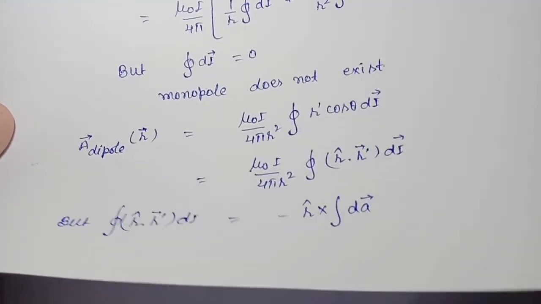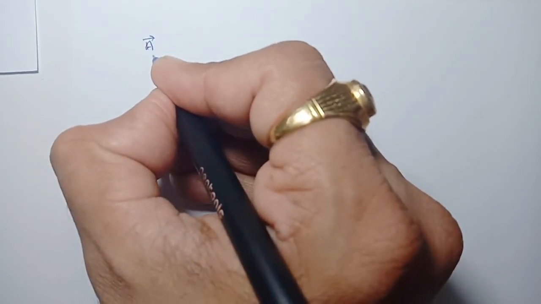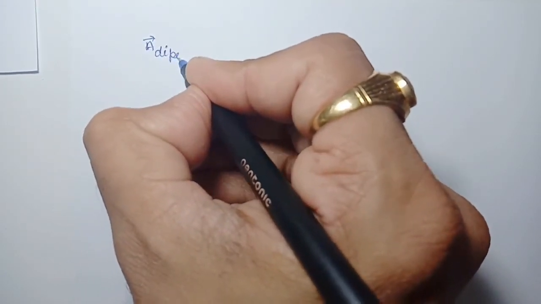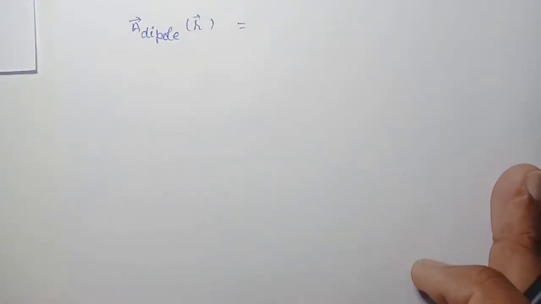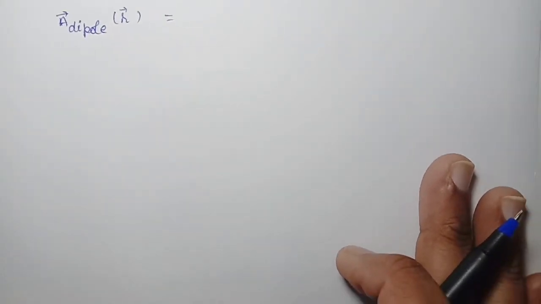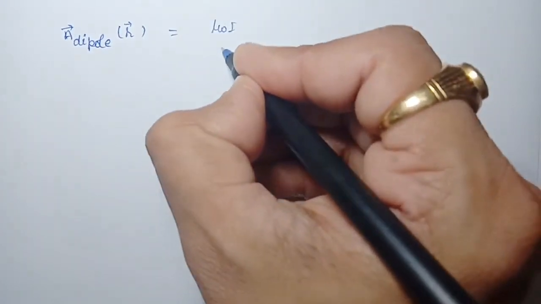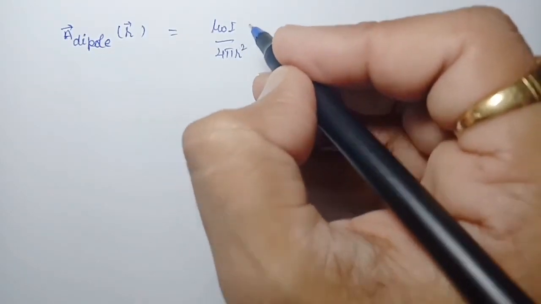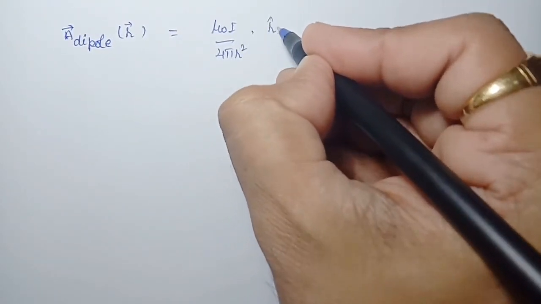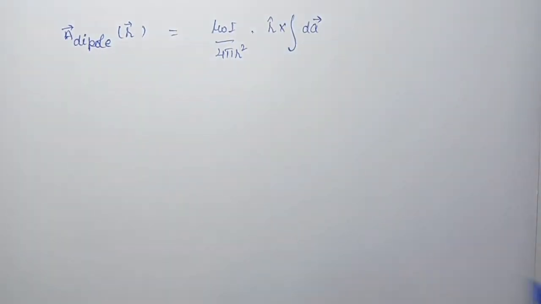Then we can write A dipole is equal to mu naught I over 4 pi r squared, and here r cap cross dA vector.